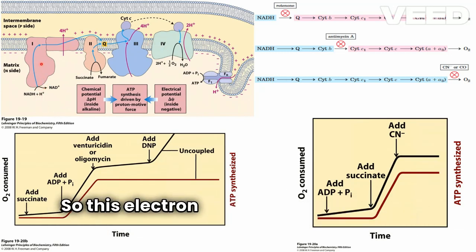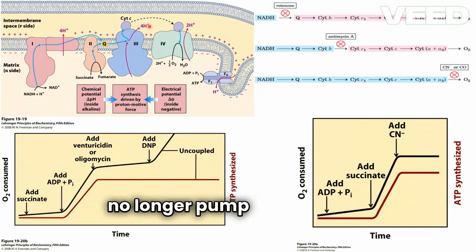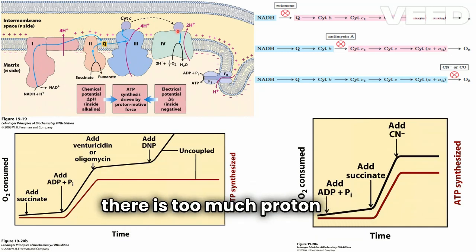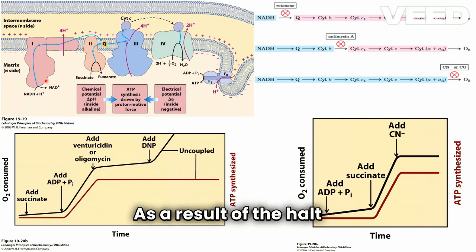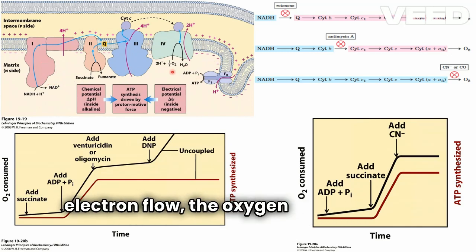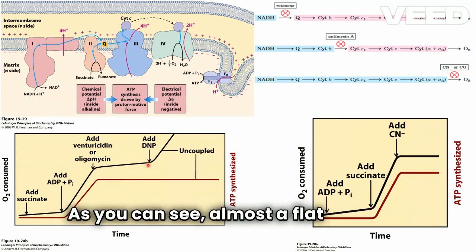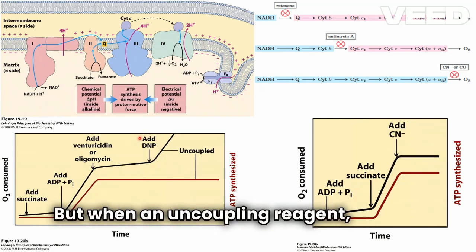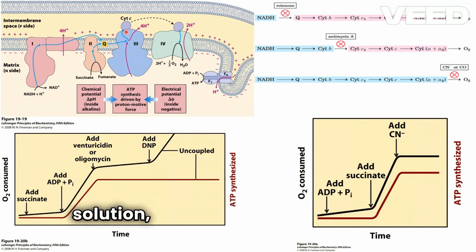So this electron flow also stops because they can no longer pump protons to the intermembrane space as there are too many protons in the intermembrane space. As a result of the halt of electron flow, the oxygen consumption also stops, as you can see almost a flat line here. But when an uncoupling reagent such as 2,4-dinitrophenol, that is DNP, was added to the solution, this DNP, what does this do?